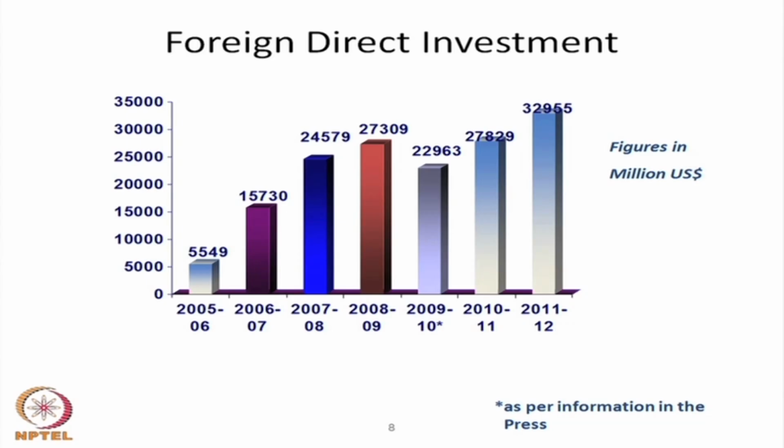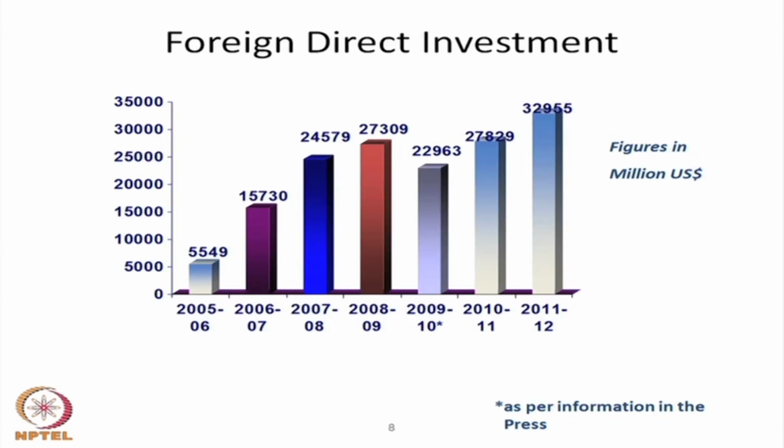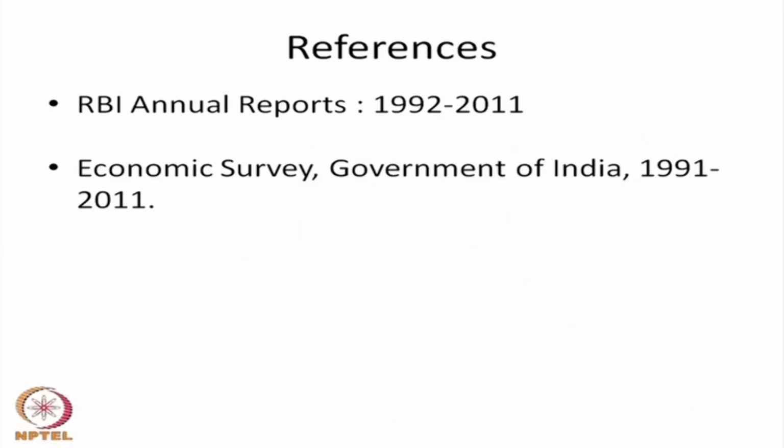This is the end of this session, in which we have discussed the development of the Indian foreign exchange market, and further references are there. If you want to study more about how liberalization took place in India in the case of foreign direct investment, you can go through the different annual reports of the RBI from 92 to 2011, and also the economic survey of the Government of India from 91 to 2011.